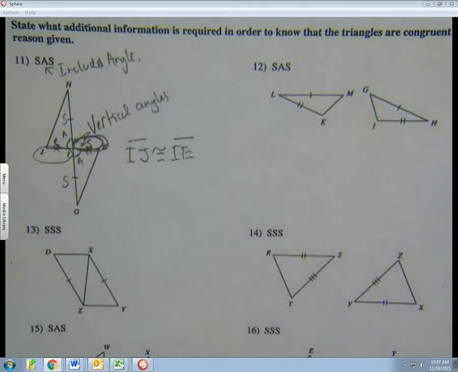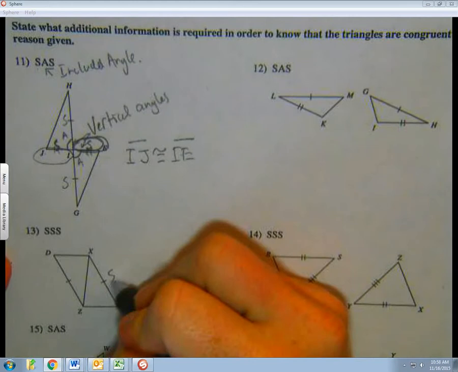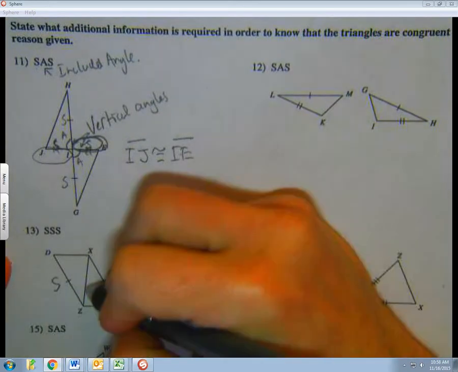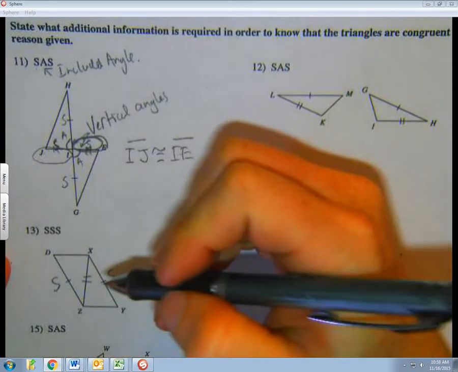Let's look at another one, the one right beneath it. First let's write down what we know. Got a side here. Got a side here. I know this side is the same as itself, so I'm going to put side here, side here.